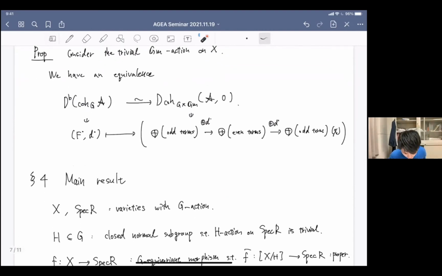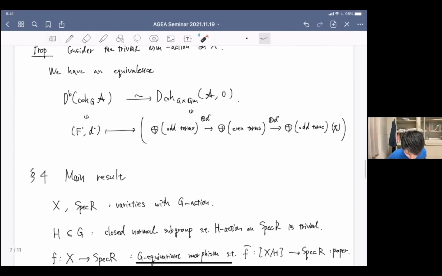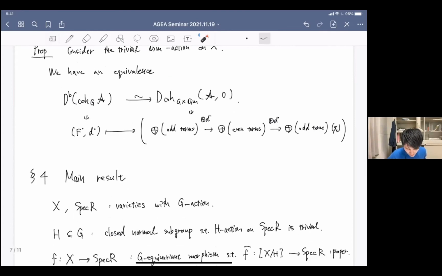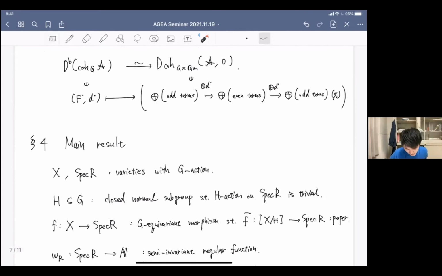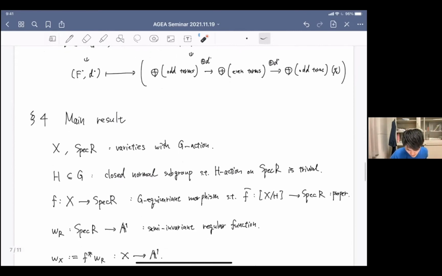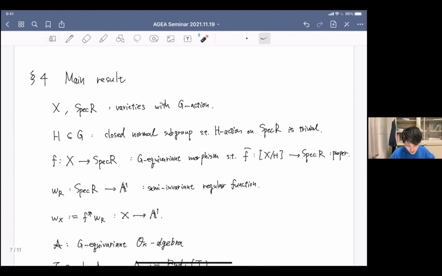So now we are ready to explain a more precise statement of the main result. So let X be so far.